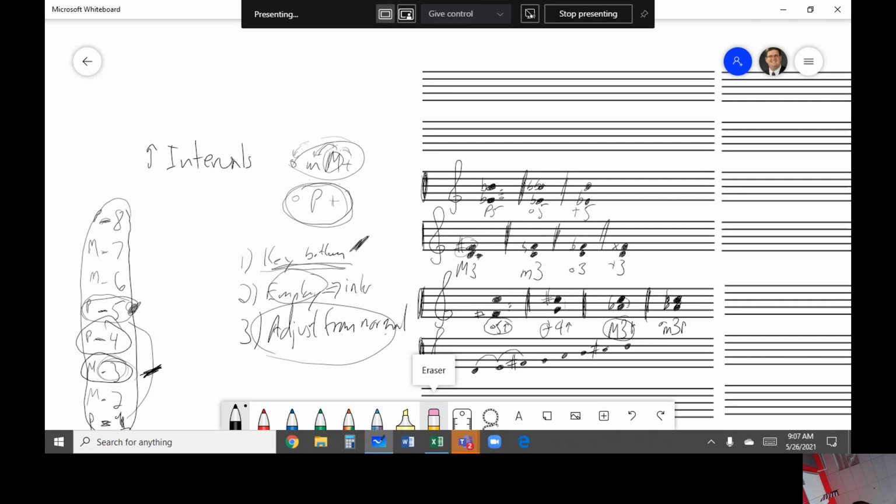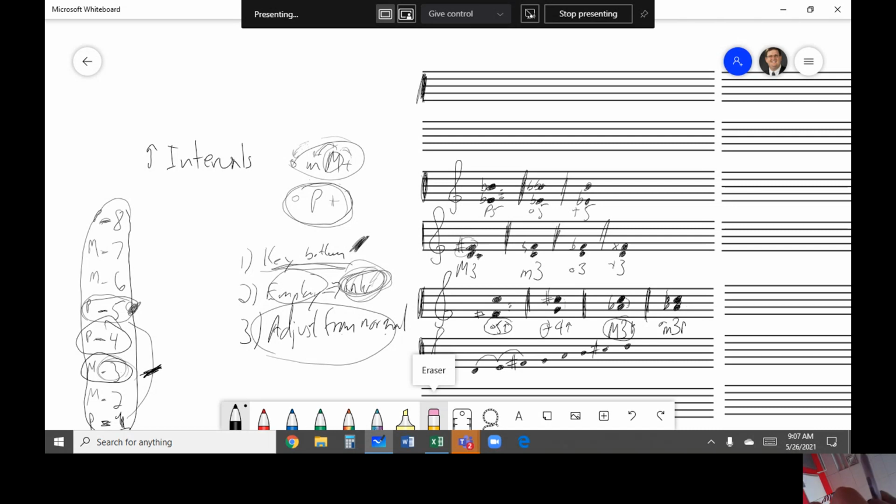C flat is a minor third above A flat. I hope you understand here. You take the key signature for the bottom, you figure out how that interval should behave, and then you adjust.